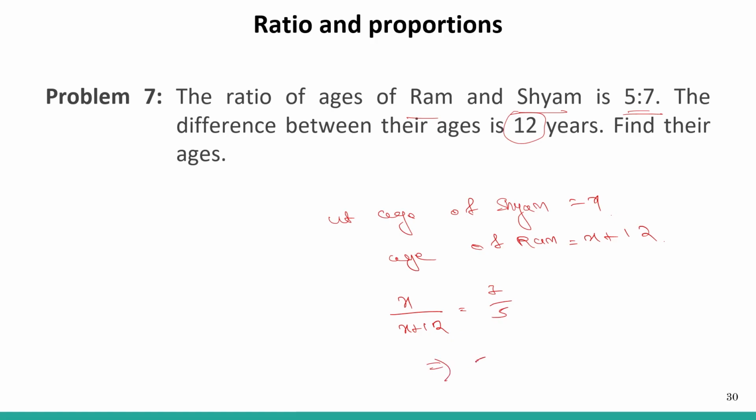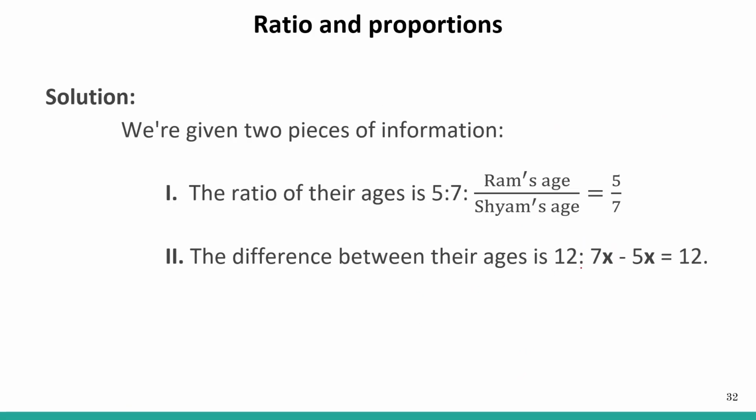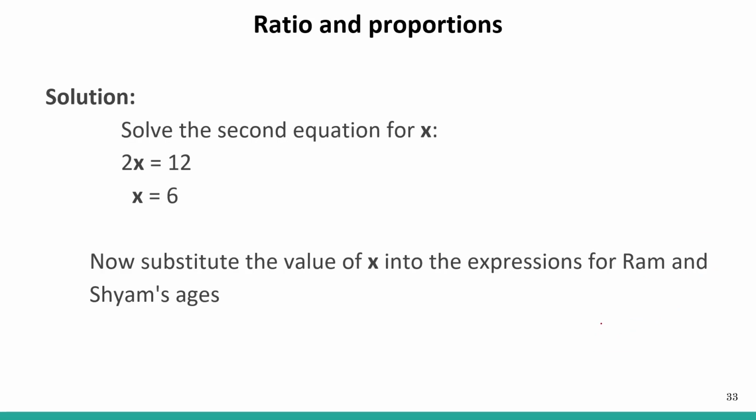So this becomes 5X is equal to 7 times X plus 12, right? So we are left with 7X minus 5X is equal to 12. So this implies that 2X is equal to 12, so X is equal to 6. So X is equal to 6 is the final answer.